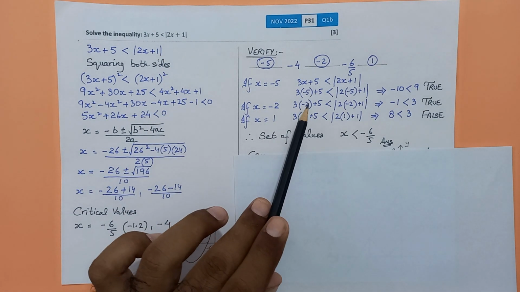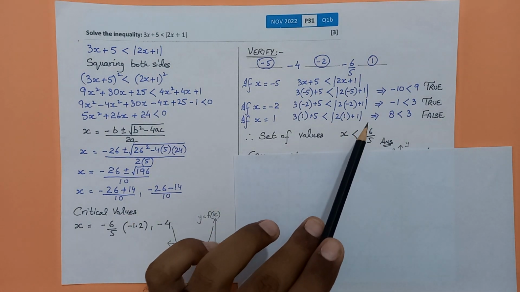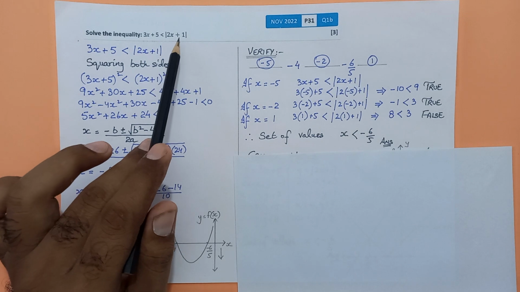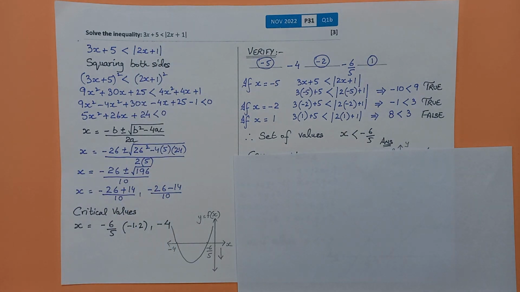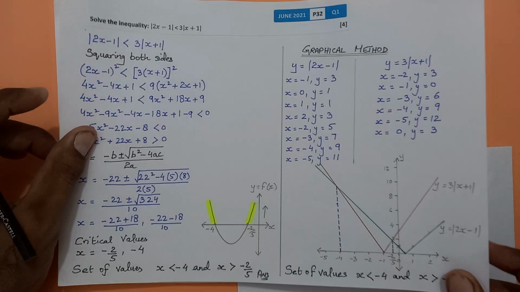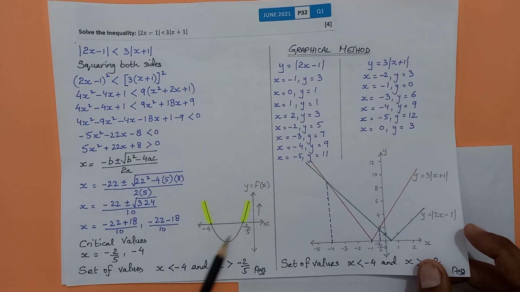So this is something extra work that we have to do when we just have a modulus on one side. But if we have a modulus on both sides, I have shown you what we have to do. If we have a modulus on both sides, you don't have to go for that process. You could simply from here get the two critical values.